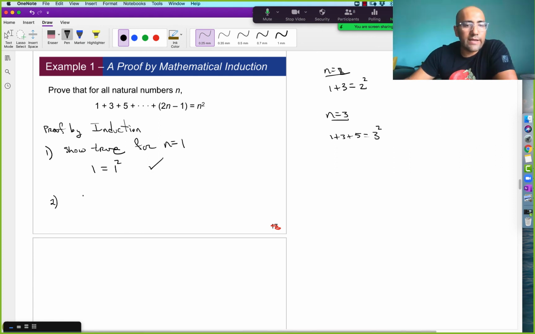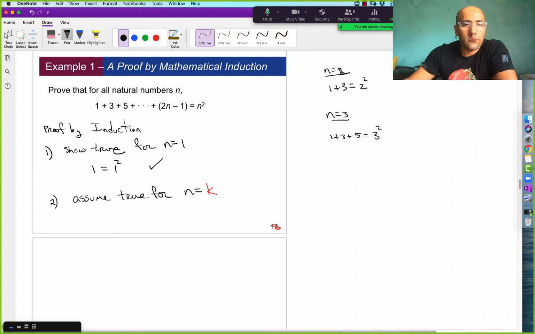Okay, step 2. Assume it's true for n equals k.